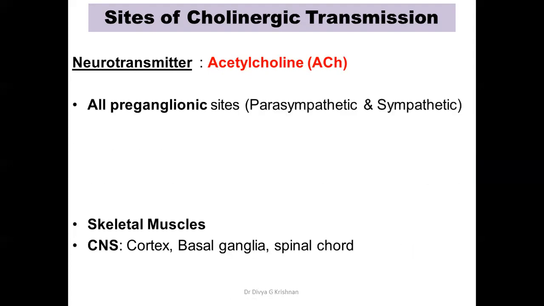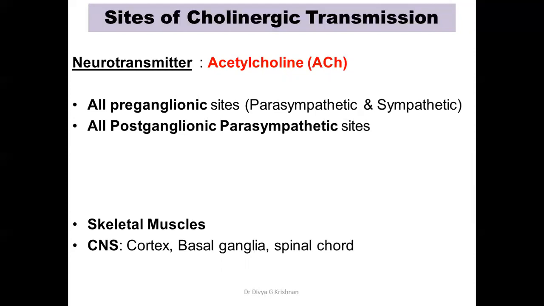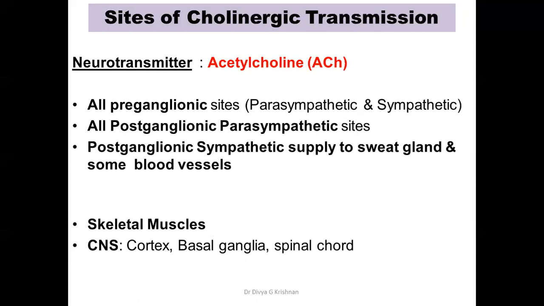First, all preganglionic sites, whether parasympathetic or sympathetic. All the postganglionic parasympathetic sites. Postganglionic sympathetic supply to sweat glands and some blood vessels.